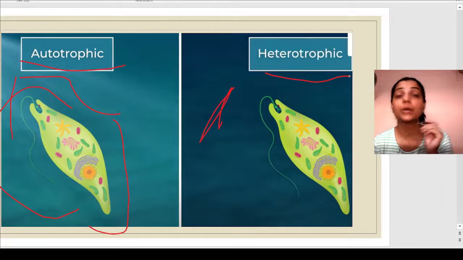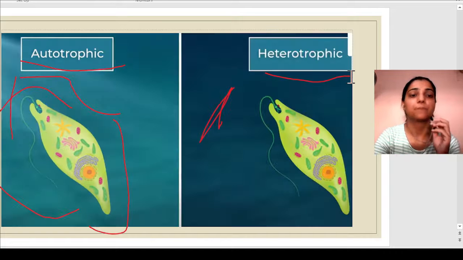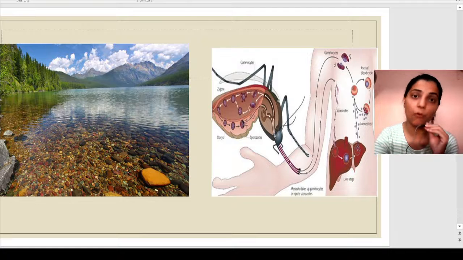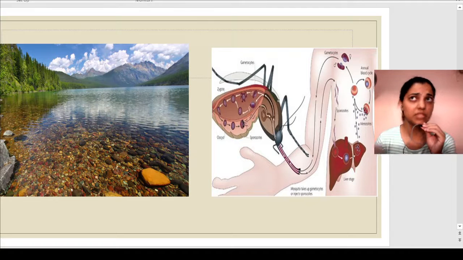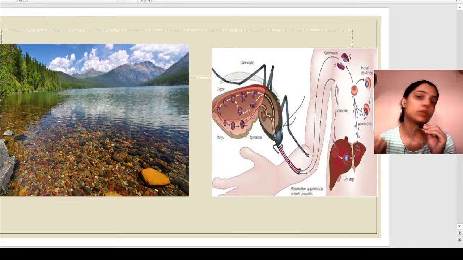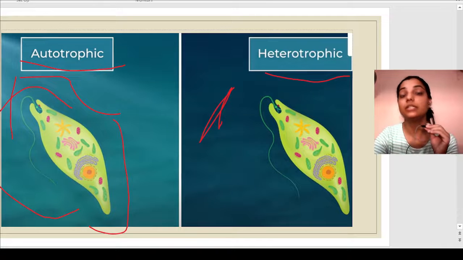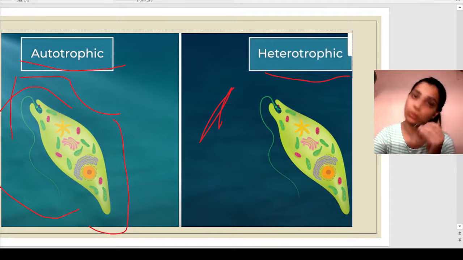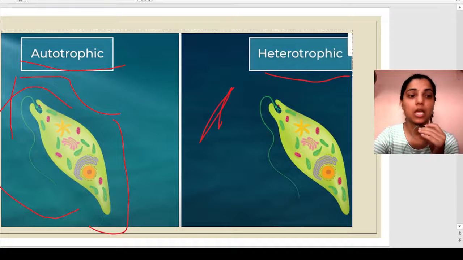As I told you, Kingdom Protista perform both autotrophic and heterotrophic modes of nutrition. They can be found in water bodies, rivers, oceans, brackish water, and sometimes in the human body.